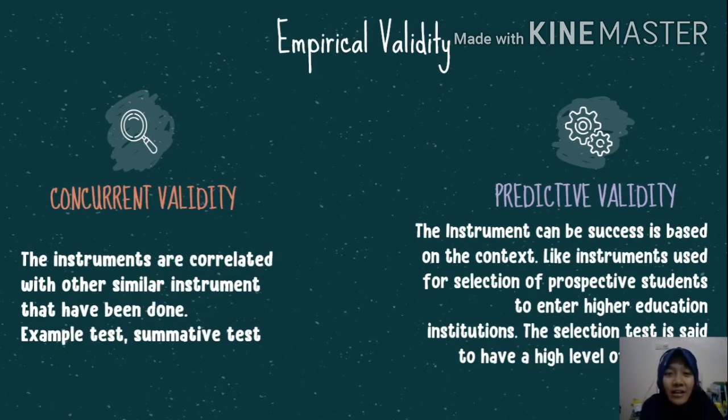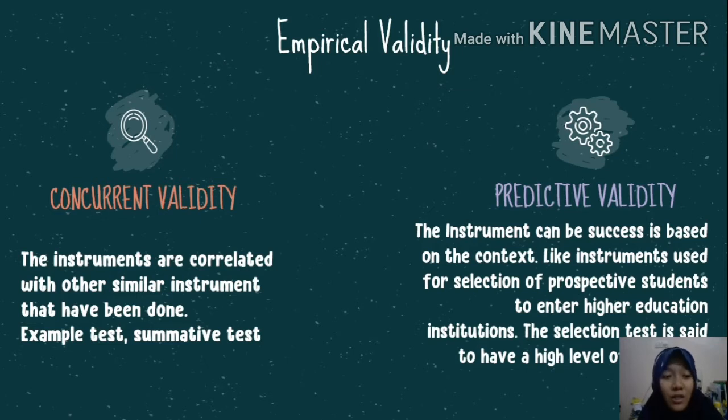And the next is empirical validity. There are two types in this validity too. The first is concurrent validity for the past experience and the second is predictive validity for the future experience. The instruments are correlated with other similar instruments that have been done.